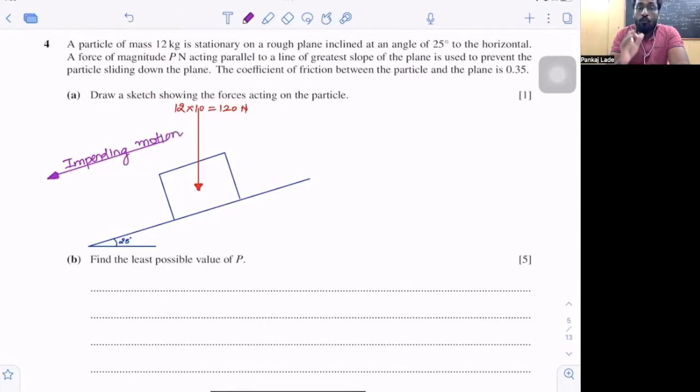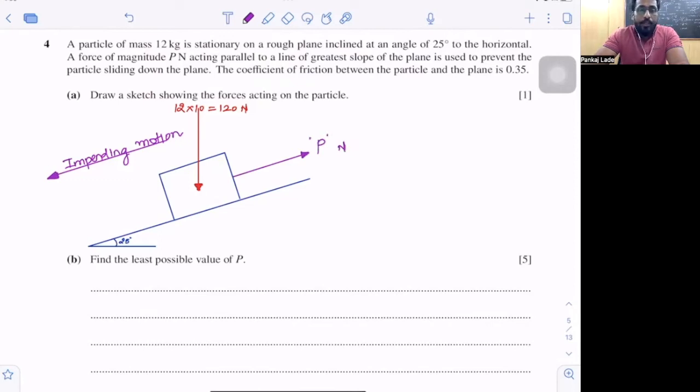So the motion of the block is in the downward direction. You are preventing its motion by applying a force which is parallel to the line of greatest slope of the plane. So that's P newtons.